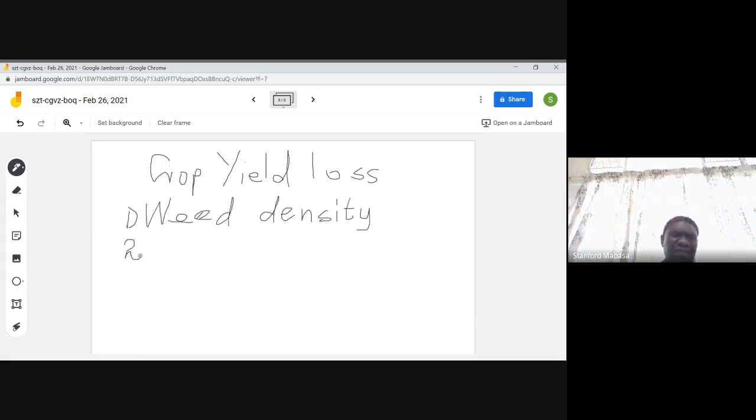Now, we say that weed density may not be easy to measure. Croft and Spitters suggested use of relative leaf area.